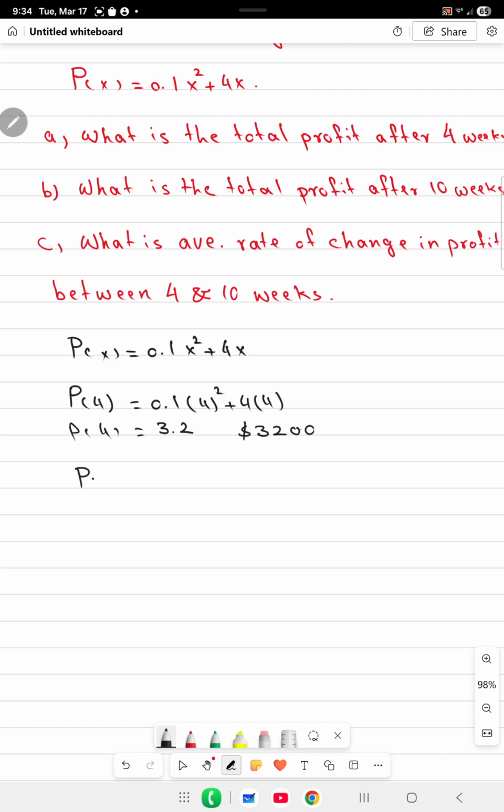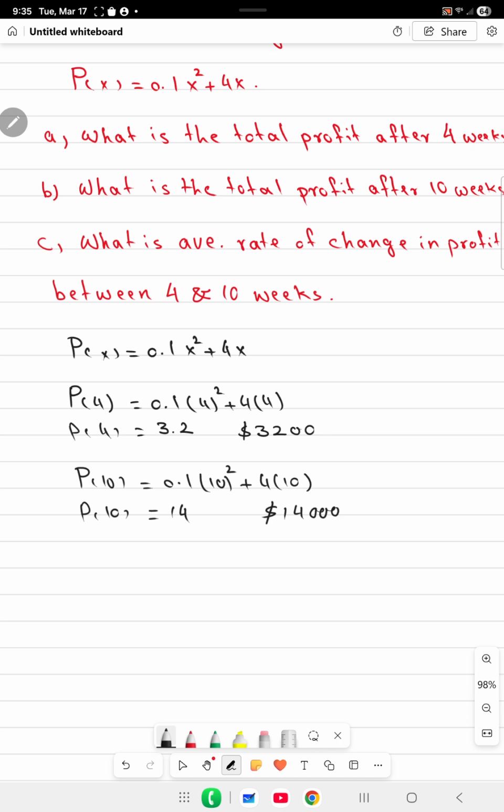Part B, the same way, it's asking how much will be the profit after 10 weeks. It means we are looking for P of 10, total profit after 10 weeks, which will be 0.1 times 10 squared plus 4 times 10. And if we do the math, P of 10 equals 14, which for us means the total profit after 10 weeks will be $14,000.